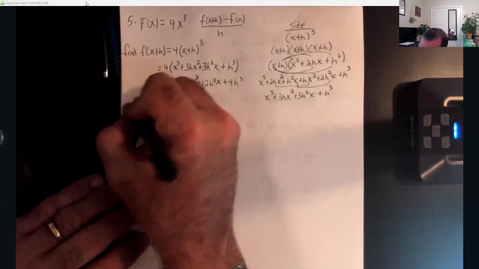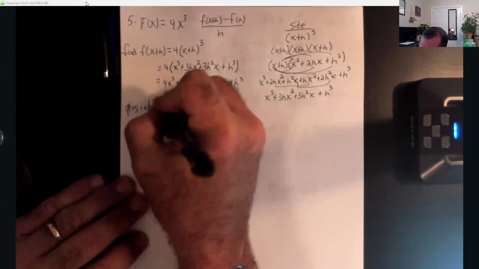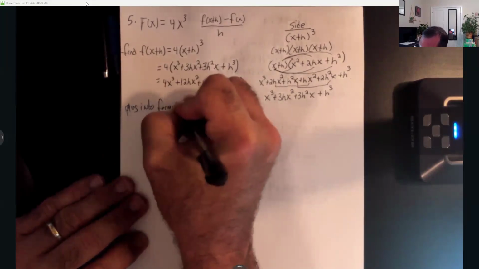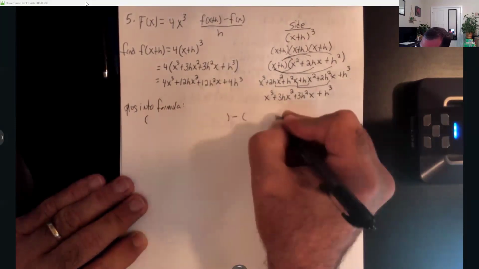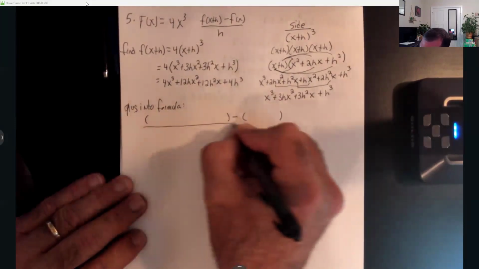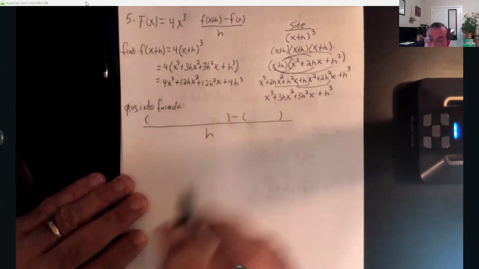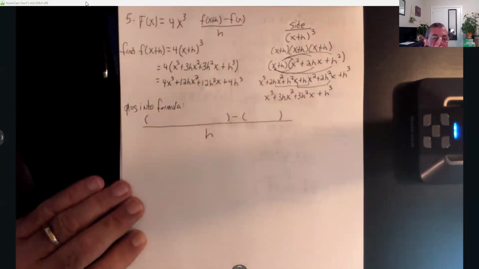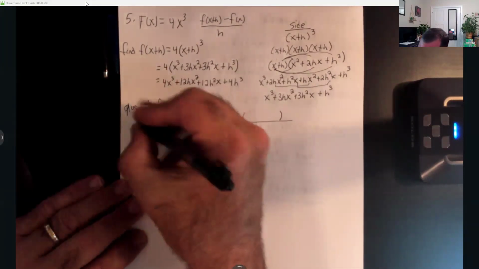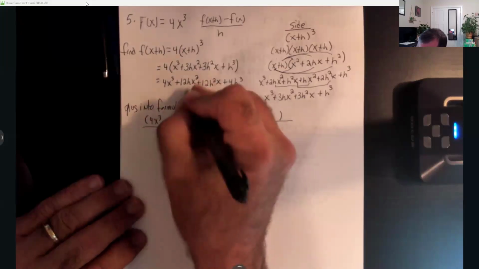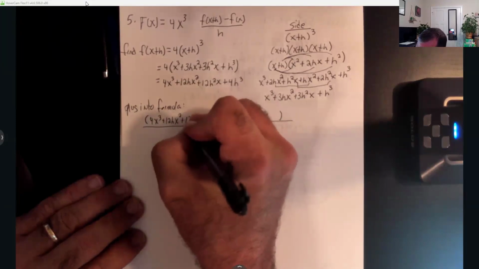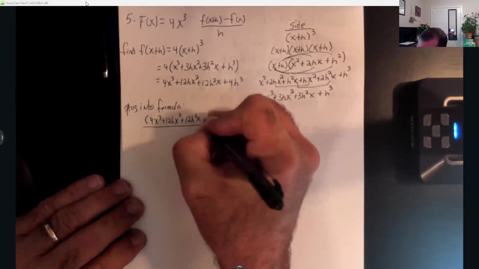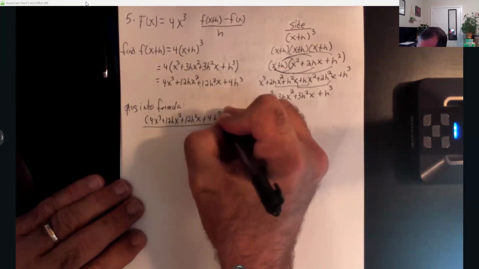So now plug into the formula. So f of x plus h minus f of x all over h. All right, so let me see what you got going on there. So let's see. 4x to the third plus 12hx squared plus 12h squared x plus 4h cubed.